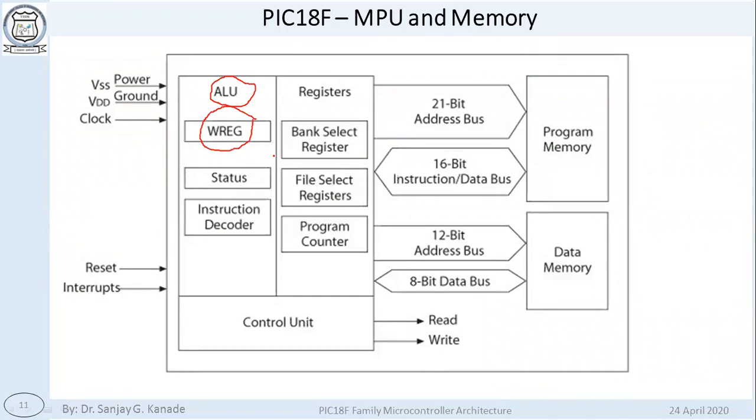If you want to relate this working register with what you know previously, in the basic 8085 microprocessor you have heard of the accumulator, where the actual calculations take place.